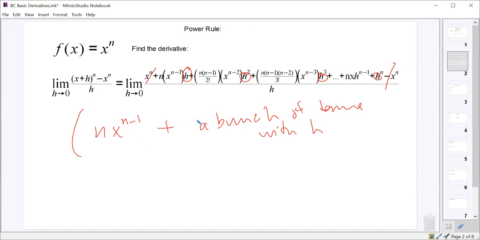If we're looking for the limit as h approaches 0 of n x to the n minus 1 plus a bunch of terms with h, those terms with the h's all become 0. The derivative of x to the n is n times x to the n minus 1. Okay. Power rule, very important rule. Everybody remembers the power rule for taking derivatives?